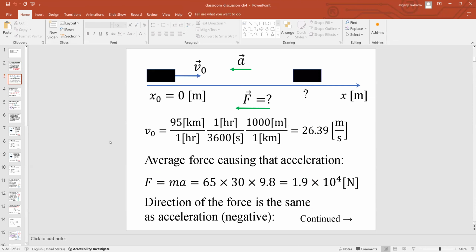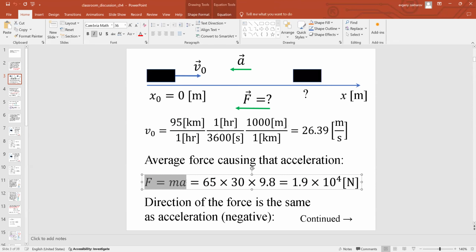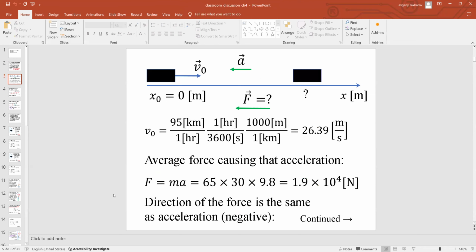So all you do is you figure out the force or the acceleration, and that is enough to solve kinematics. Usually it is enough to apply the other given parameters and solve for what's missing in terms of kinematics.